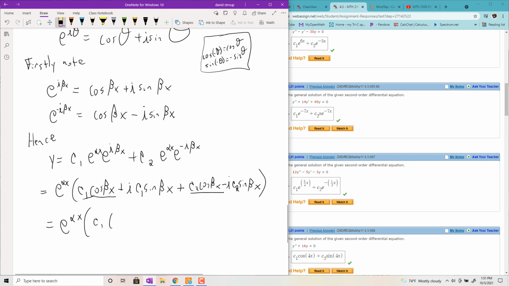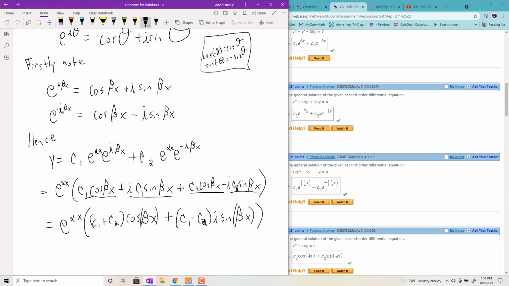I'm going to factor out the cosine beta x in this way. Then I'm going to factor out the sine beta x from these two terms, along with the i part. So I'll have c1 minus c2 times i times sine of beta x.